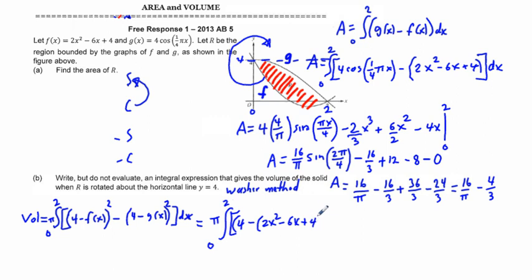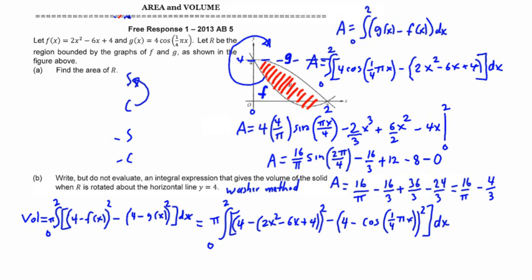Okay, and we're squaring all that and subtracting out 4 minus g of x, which is cosine 1/4 pi x, and we are squaring the little r as well, and then we'll bracket here dx. So that's a write but do not solve. So that would be a highly decimalized answer. So that's part B.